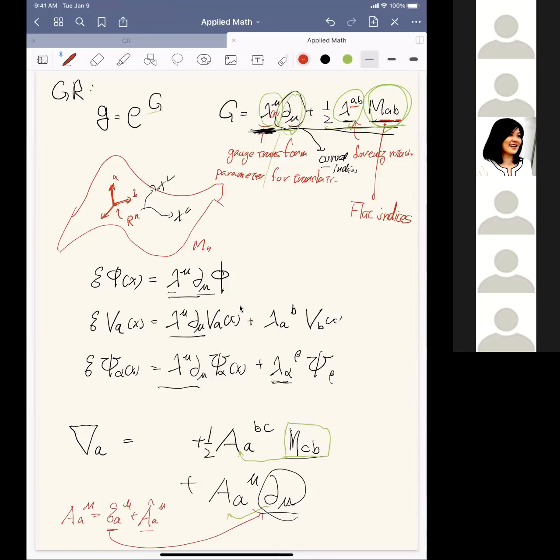In fact, this is indeed how we write this. So this is the notion of Vielbein. So the Vielbein, we write it like this. And then this other A here, I'm going to call it omega^a_bc.